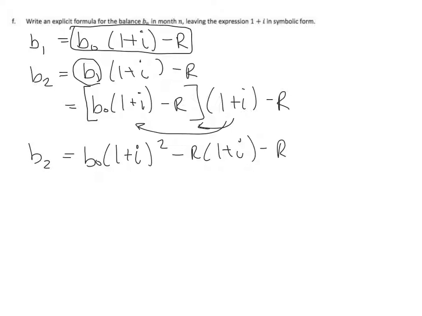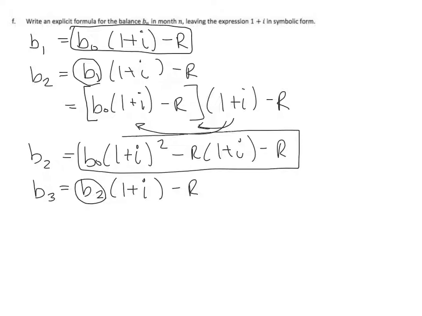Okay, let's do it one more time. I know. It'll be all right. b sub 3 equals b sub 2 times (1 plus i) minus r. Yeah, I'm doing it. You know I am.